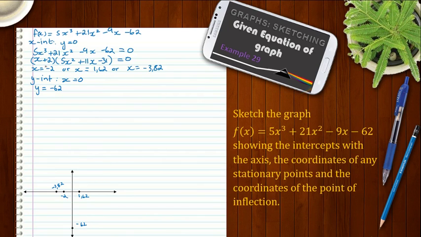Okay, and then next we need to find the turning points. And the turning points we saw is just finding the first derivative and solving. So the first derivative over here is 15x squared plus 42x minus 9, and setting that equal to 0. So now when I factorize, I'll get (3x plus 9) and (5x minus 1) equal to 0.